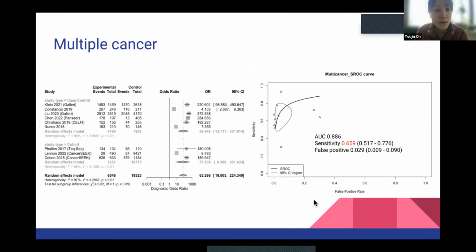And they also provide a metric called the diagnostic odds ratio. I just Googled it, and it says for a general diagnostic test, if the value is over 10, it can be assumed to be a decent diagnostic test, but ours is over 60.